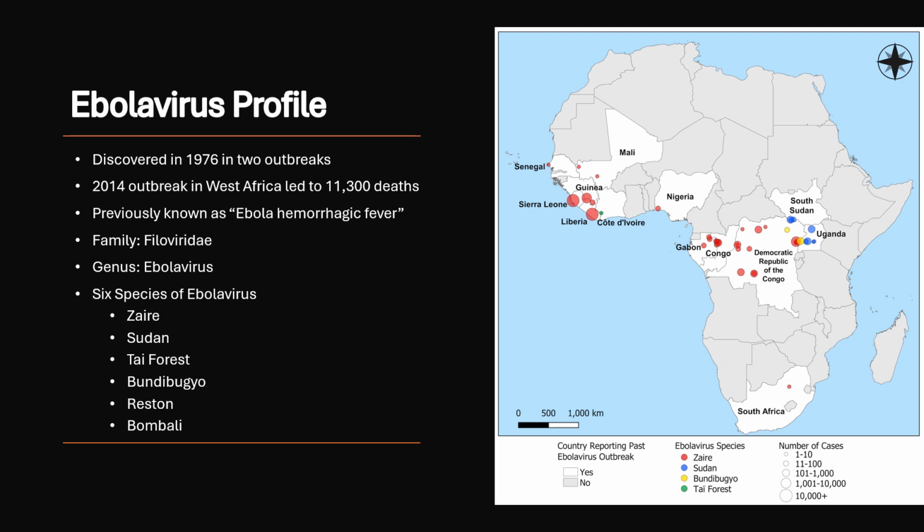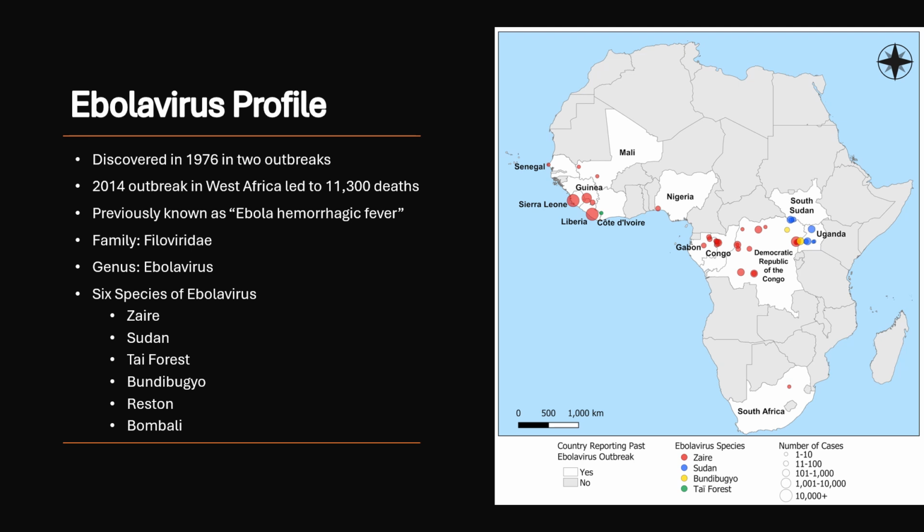You can see on the map there have been several outbreaks over the years throughout sub-Saharan Africa specifically, one in South Africa also. At first, the disease that it caused was known as Ebola hemorrhagic fever. It's now just known as Ebola virus disease.